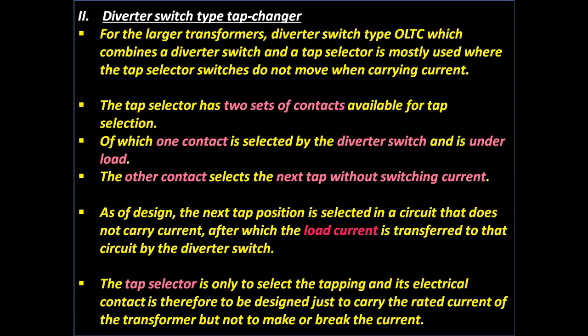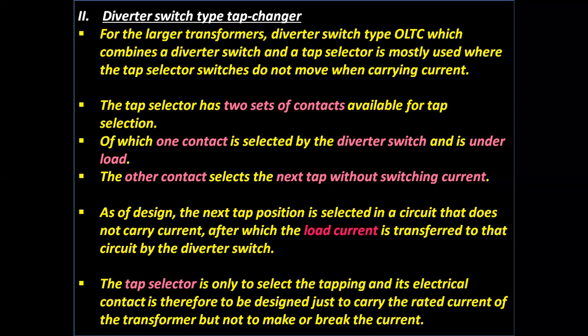The tap selector has two sets of contacts available for tap selection, of which one contact is selected by the diverter switch and is under load. The other contact selects the next tap without switching current.